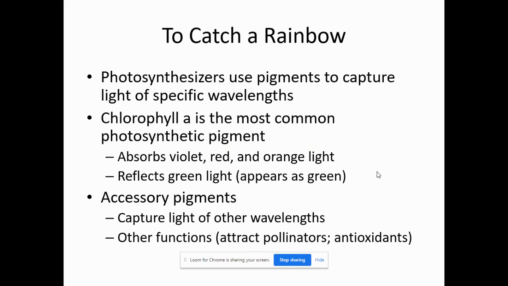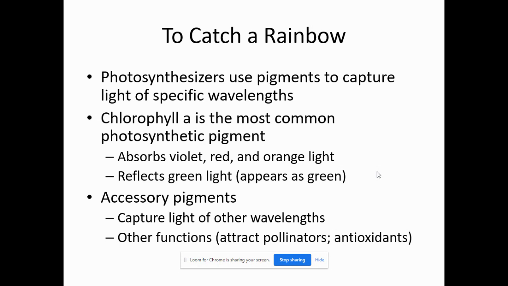So photosynthetic organisms use photosynthetic pigments to capture light of specific wavelengths. Plants have pigments, chemicals that they produce that capture light energy of specific wavelengths, and these pigments are different colors.